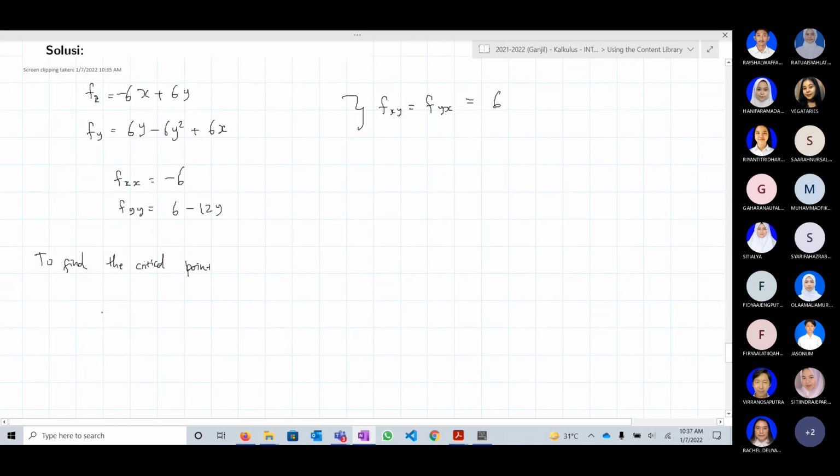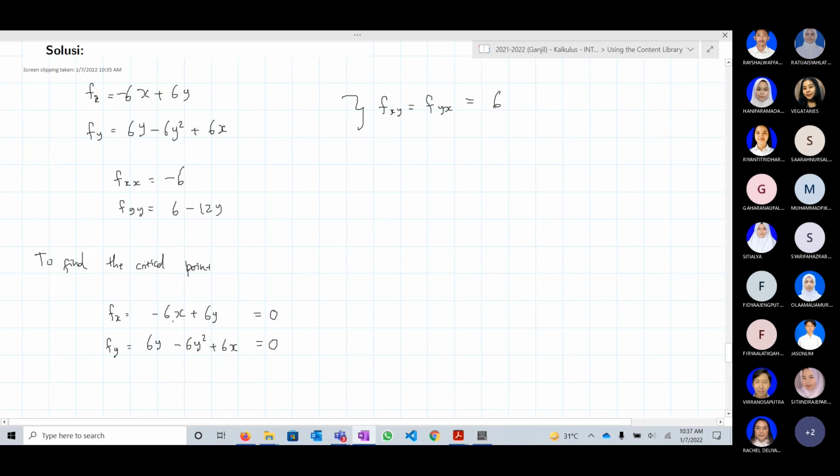To find the critical points, we set fx, which is equal to minus 6x plus 6y, equal to 0, and fy, which is equal to 6y minus 6y squared plus 6x, also equal to 0.